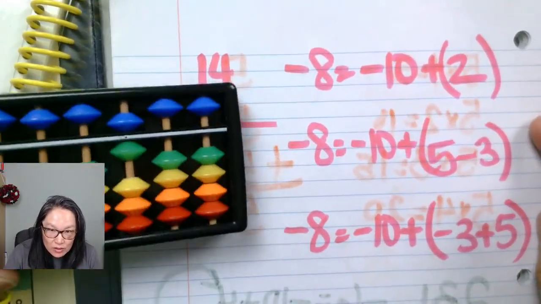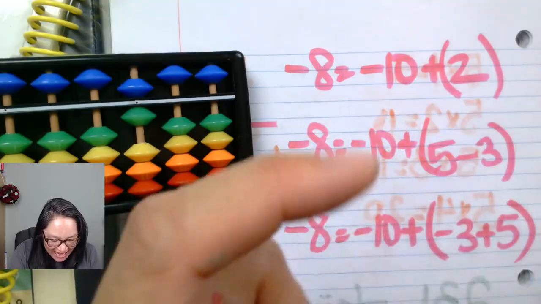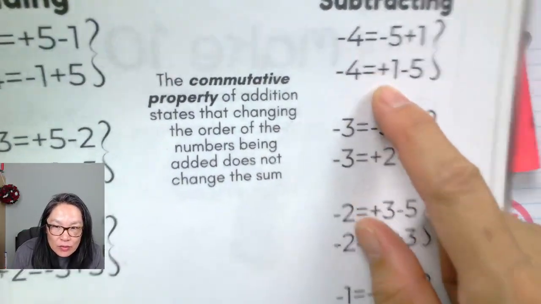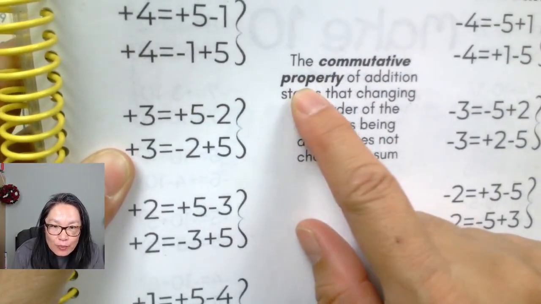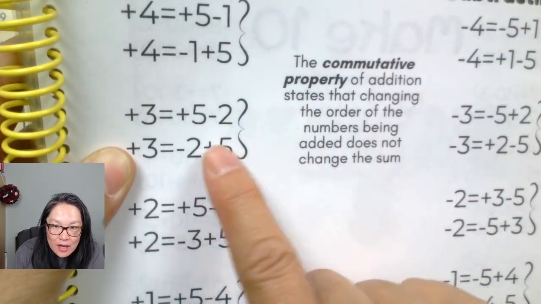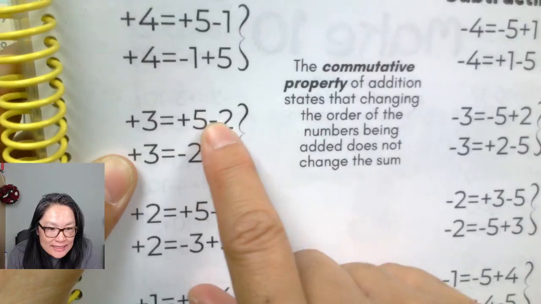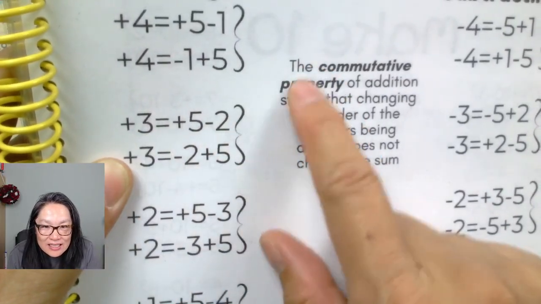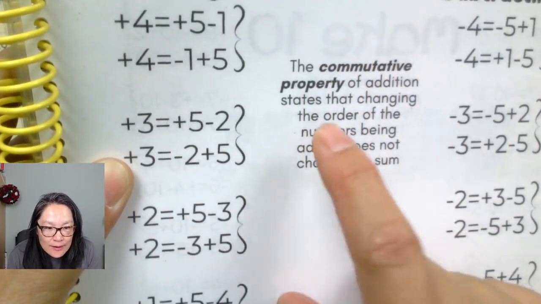In the abacus world, it's just like commutative property. So if you notice, abacus doesn't do what it says. It says commutative property is the addition states. But in abacus world, this is not an addition state because we focus on the add-in, and I think that's the problem with this thing.